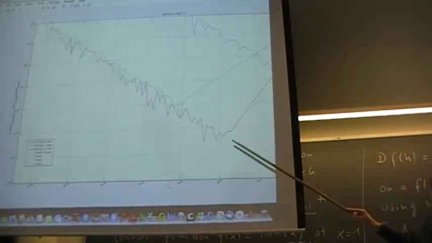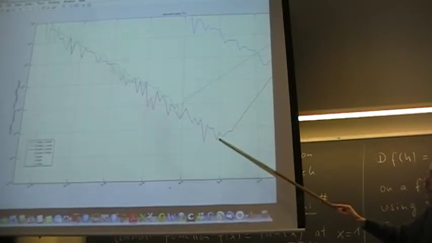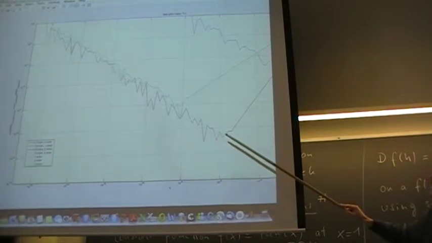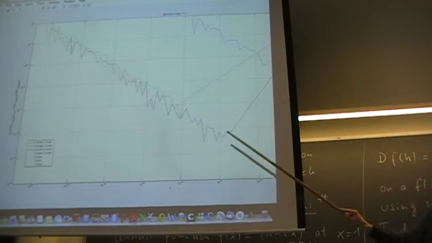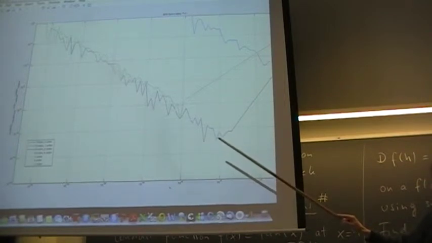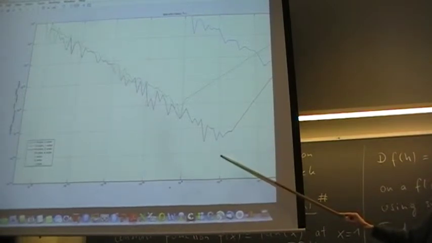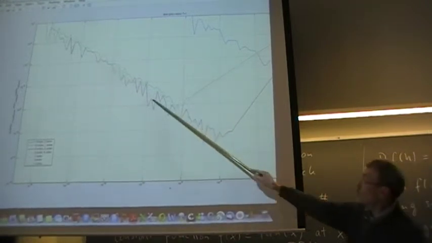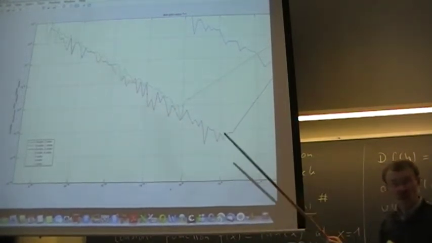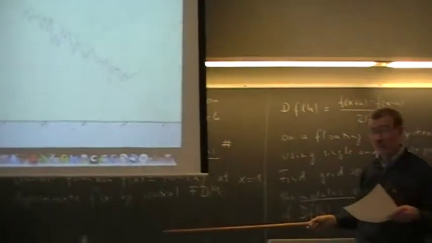But then at some point, and that is the point that we want to determine, we want to find out where is the h where this curve, which contains both the truncation error and the rounding error, is minimum. Because at some point the truncation error is no longer important, but the rounding error gets important. For example, here we see it goes up, it is jagged, because sometimes the truncation error works to our favor, sometimes not.